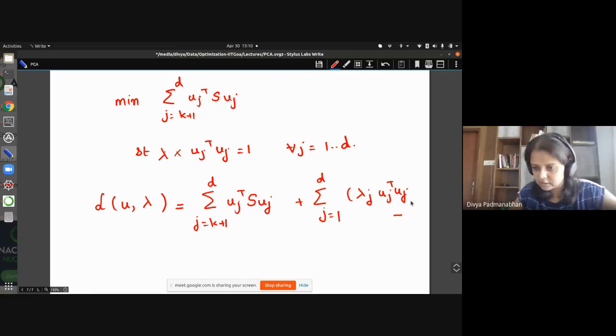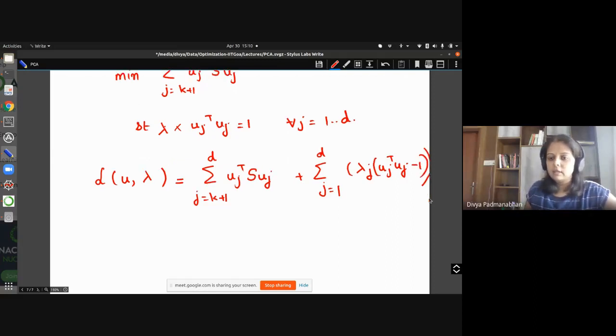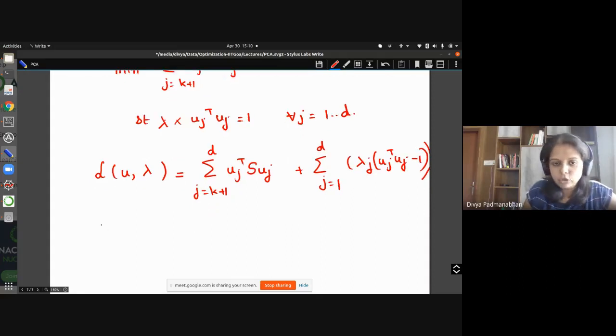Let me write this properly. So this is the Lagrangian, right? Now to find the KKT points, the gradient of the Lagrangian with respect to u is 0.